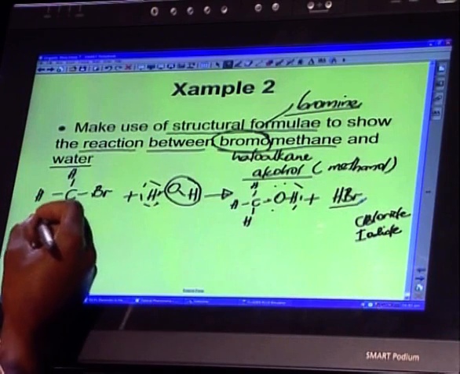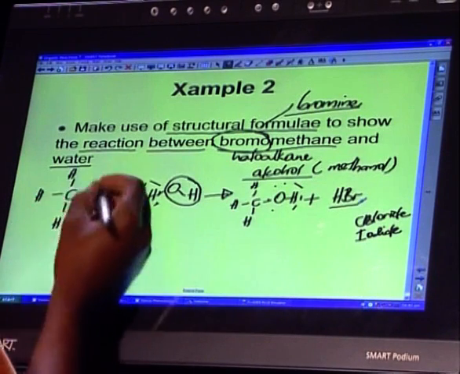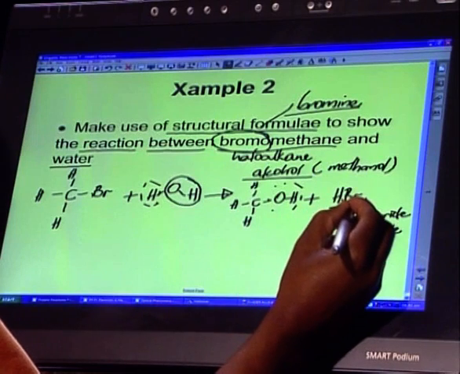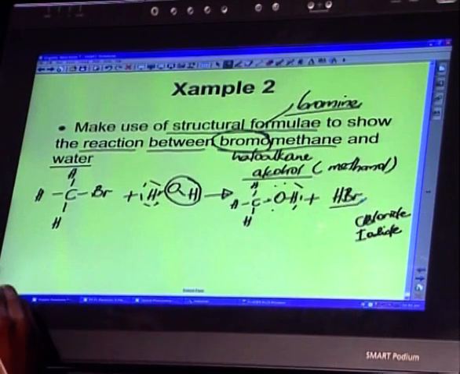If this was iodomethane, this was going to be hydrogen iodide. So that is hydrolysis: a reaction between a haloalkane and water to give you the alcohol of that alkane plus a hydrogen halide.